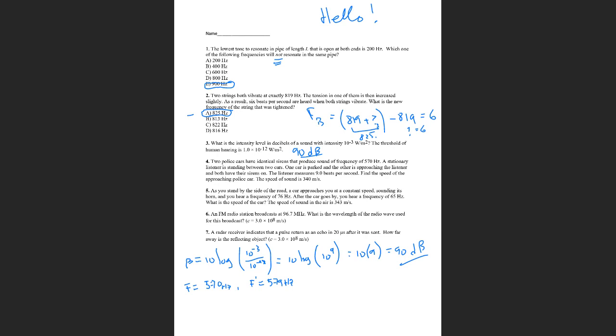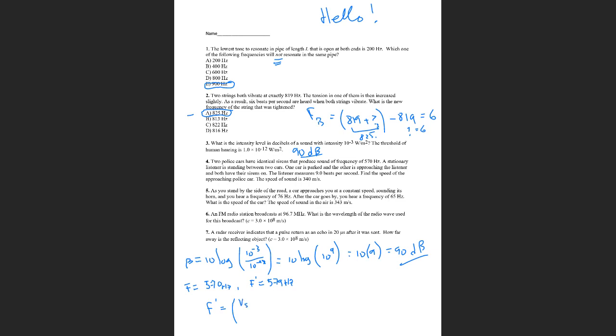All right, what is the speed of the car? So let's put this into the formula for the Doppler effect. And now, are these guys moving towards each other, or are they moving apart from each other? One car is parked and the other is approaching the listener. So they're moving together. So that means you use the upper signs in that formula. And it looks like this.